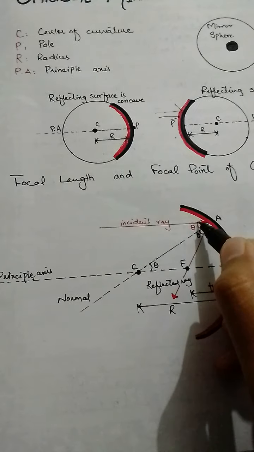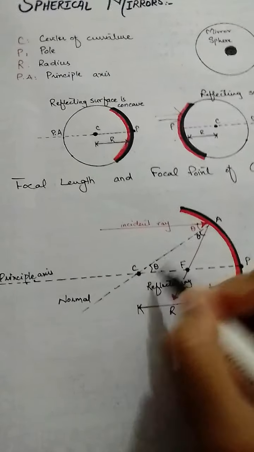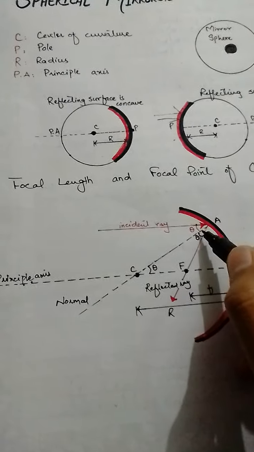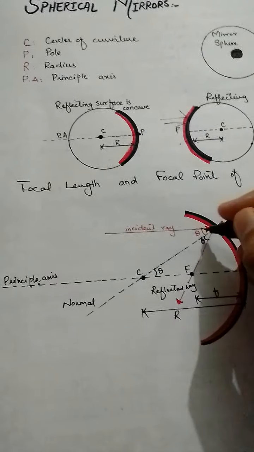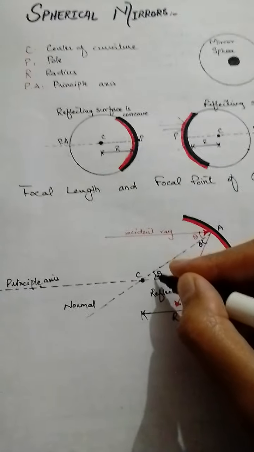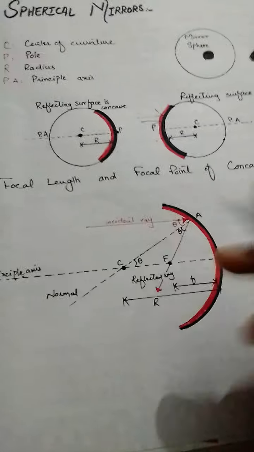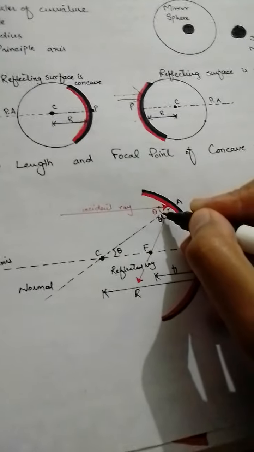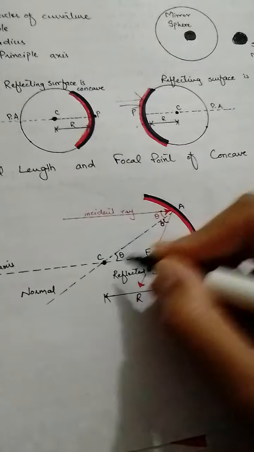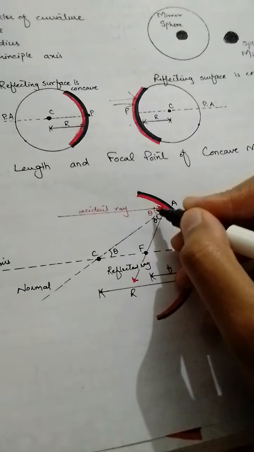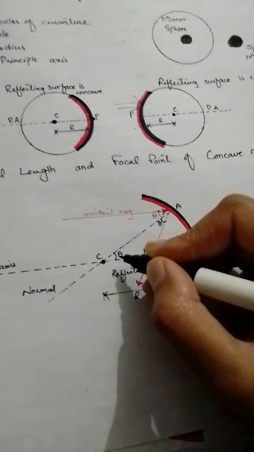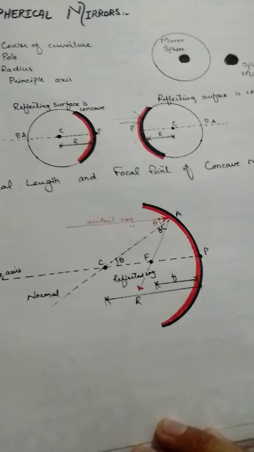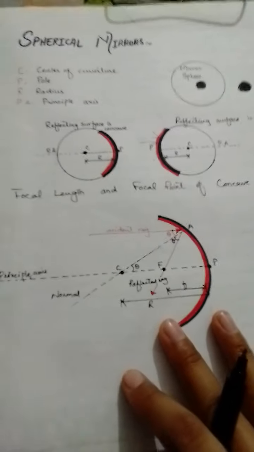This angle would be equal to this angle. This external angle would be equal to the internal angle of this triangle. Okay, so here we know that this angle would be equal to this angle and this angle would also be equal to this angle. So eventually these two angles would be equal to each other.